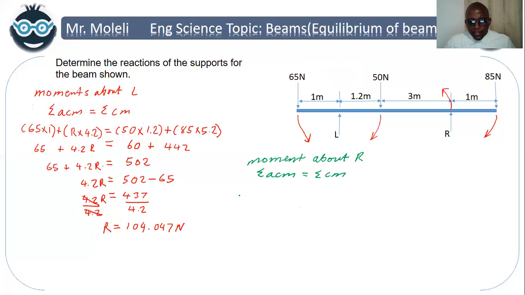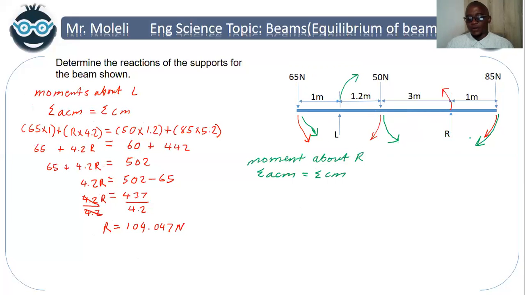Now, all you have to do is check all the forces that are anti-clockwise or clockwise about R. Looking at this, 85 is clockwise about R, 50 is anti-clockwise, and 65 is anti-clockwise about R, and L here is clockwise.